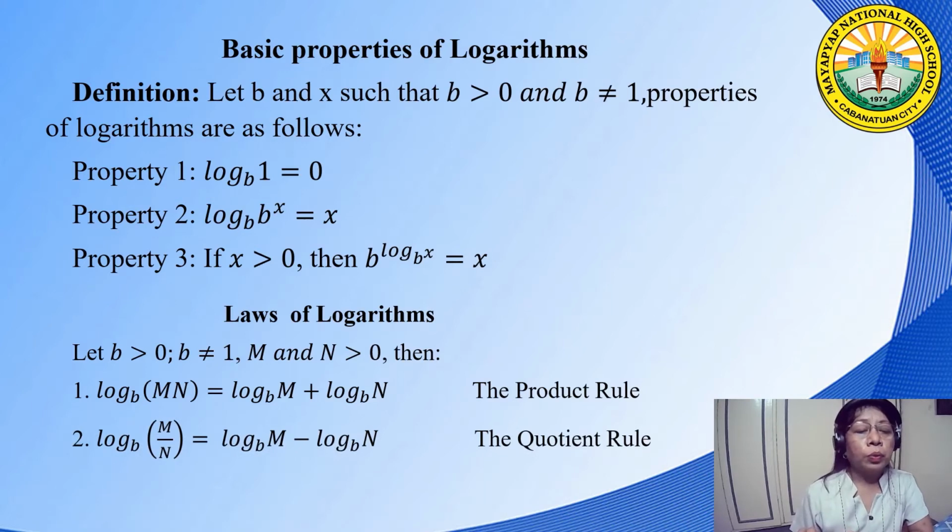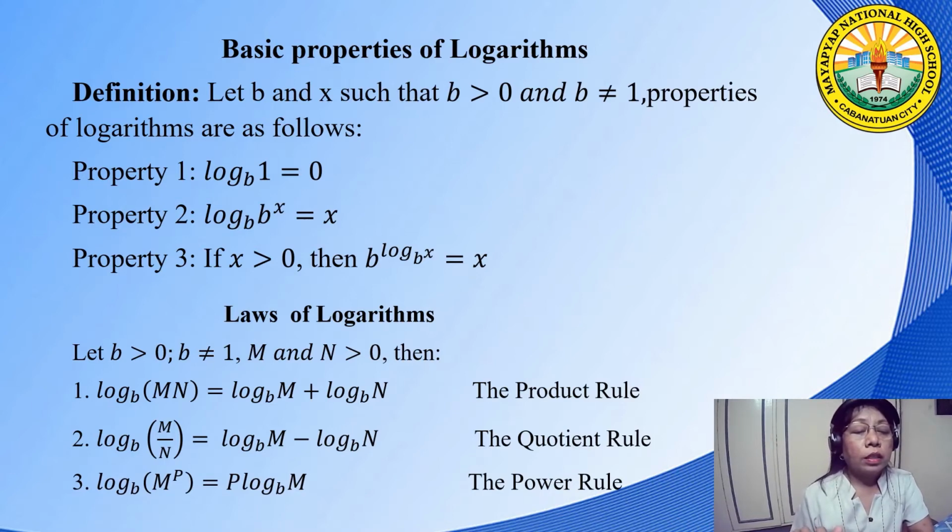Then number 2, logarithm of m over n to the base b equals logarithm of m to the base b minus logarithm of n to the base b. So we call it the quotient rule. So you subtract. Then for law number 3, logarithm of m raised to p to the base b is equal to p times logarithm of m to the base b. So this is called the power rule.